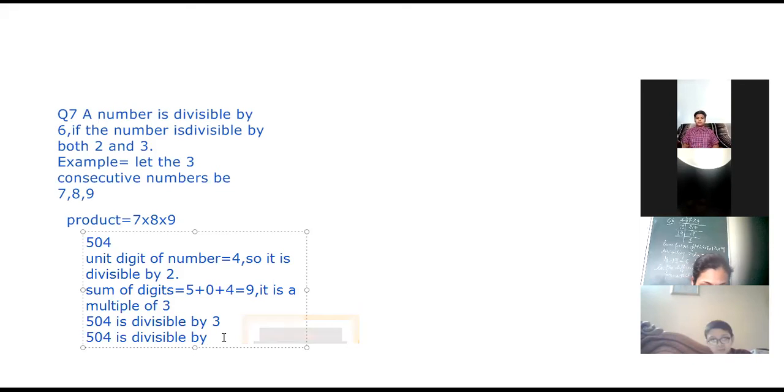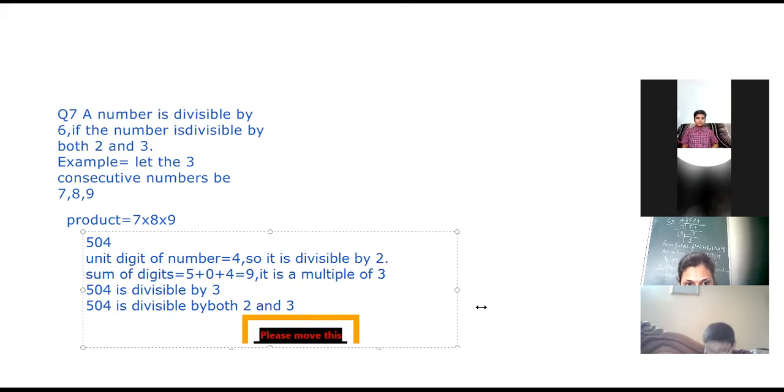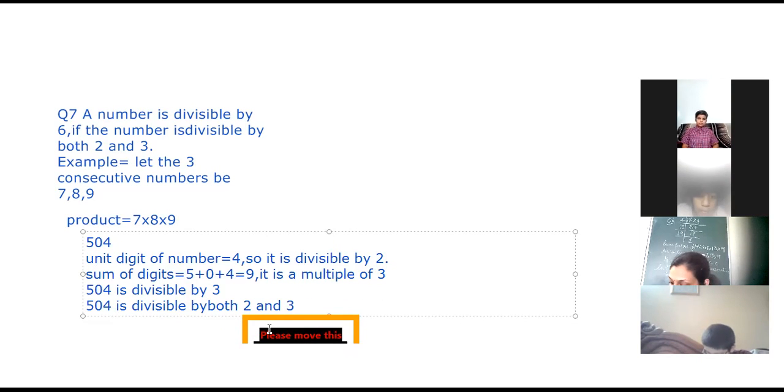So 504 is divisible by both 2 and 3. Therefore 504 is divisible by 6 also.